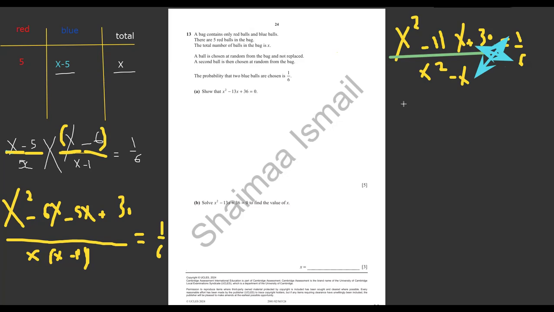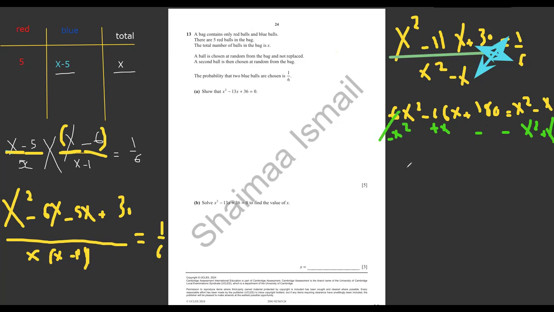So just focus: 6X squared minus 66X plus 180 equals X squared minus X. Okay, let's move here minus X squared plus X.